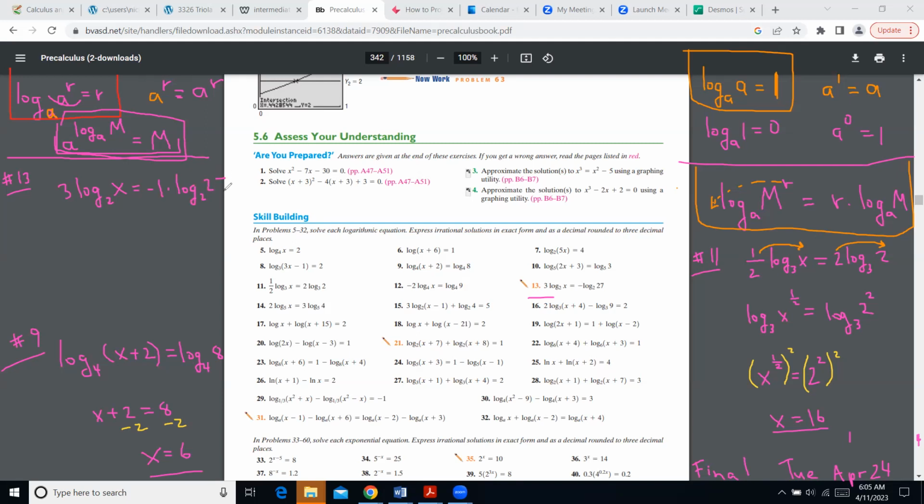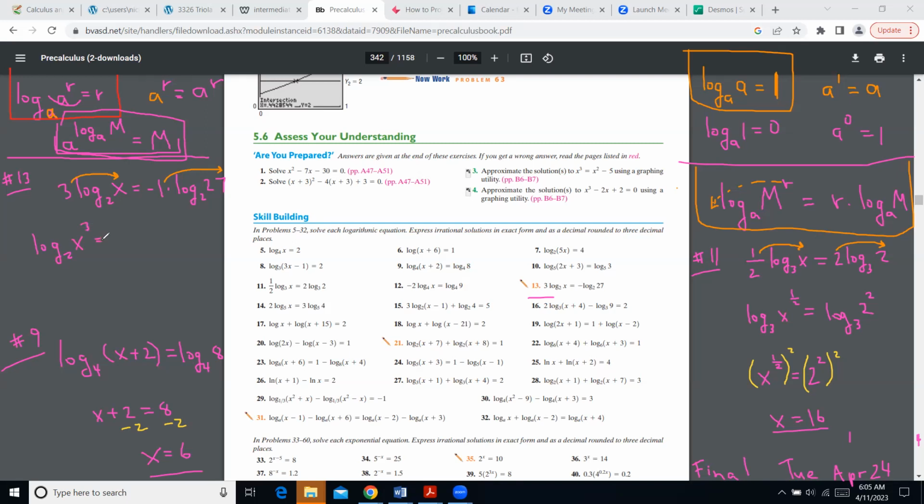So these factors in front, such as a 3, I'll bring to the power, as well as -1, I'll bring to the power. So this will be a logarithm base 2 of x to the 3rd power.